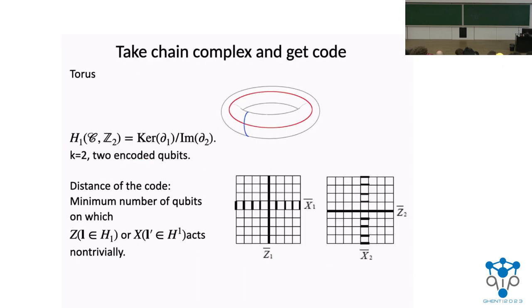I already mentioned that here you see the two logical loops over the torus, if I have periodic boundary conditions, and the matching logical X is a loop on the dual lattice. This logical X1 anti-commutes with this logical Z1, and the same here, right?